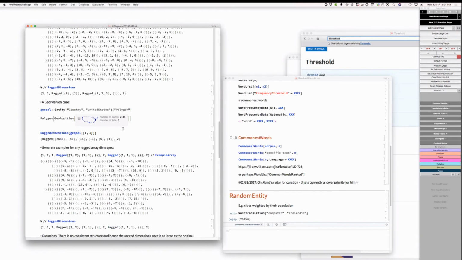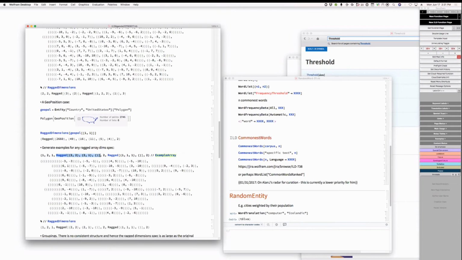What is this ragged thing, and what does it mean there? Right. So it means you have a list, which is ragged. And inside, the first element is a matrix of 2, 2. The second element is a matrix of 2, 1. The third is a scalar. And so by doing this, we can report the structure of ragged things in an arbitrary way.